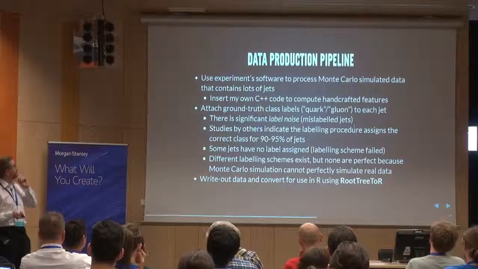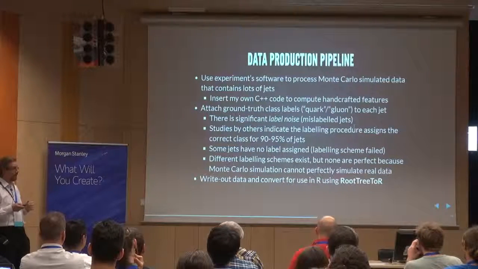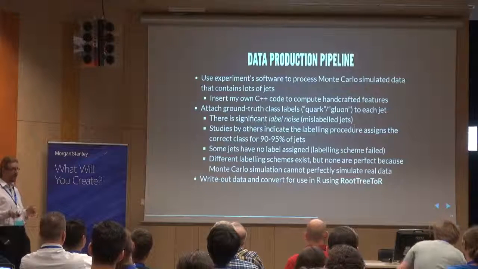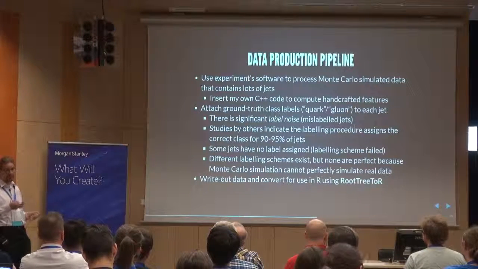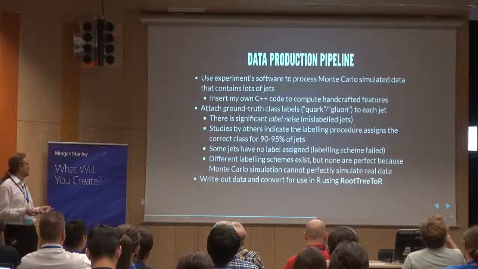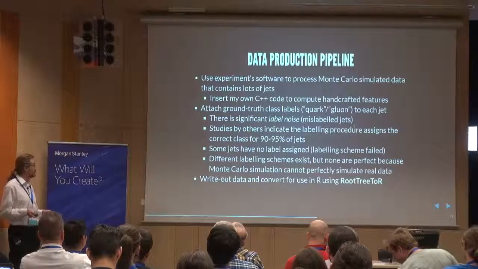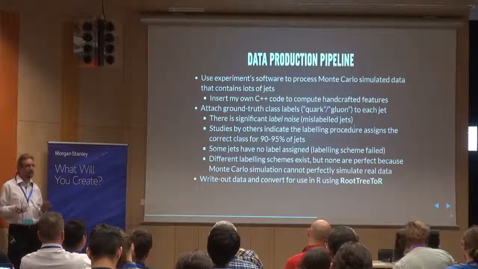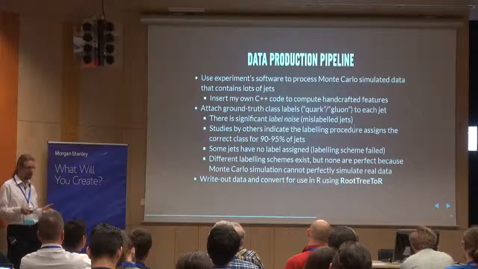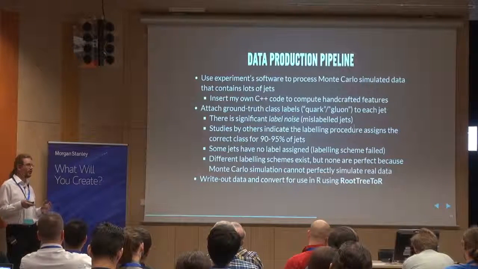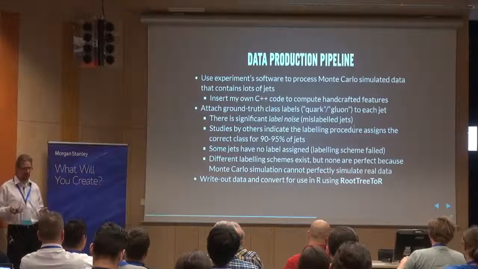So the data production pipeline here is I have some simulated data into which I insert my own handcrafted features, and I attach ground truth class labels to each jet. An interesting thing about this machine learning problem is that it's not straightforward how you do this.